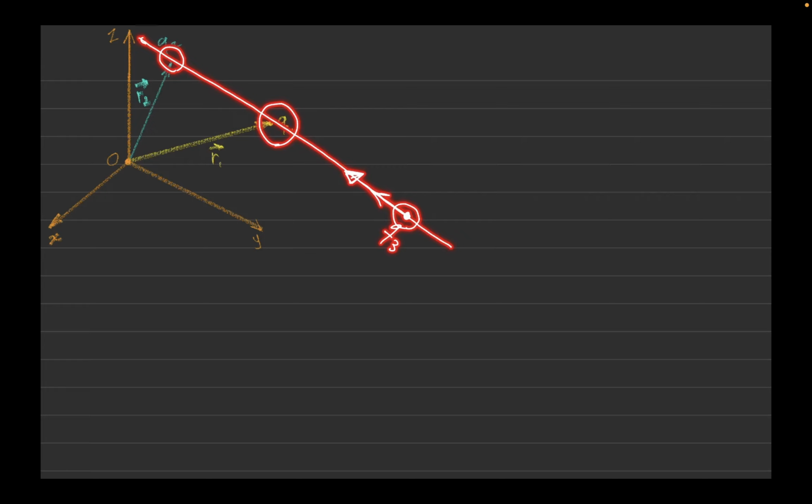And an argument similar to this will show that it is also not possible to be on the left side of this line segment as well. So the only candidate points, if possible, will be somewhere here. We want to investigate if it is possible to find the magnitude of Q3 and the exact position of Q3.